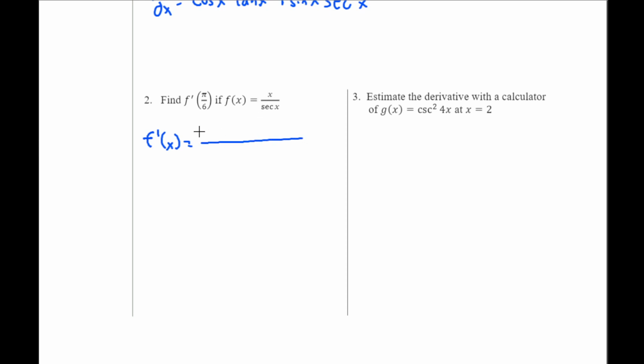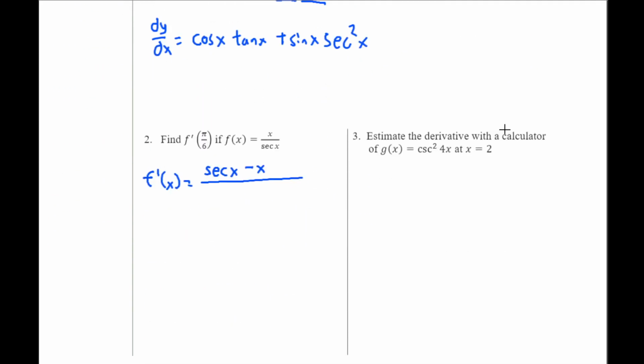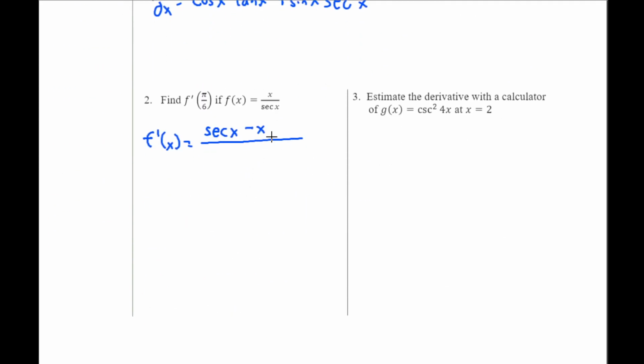So this is low d high, secant x, low d high times, well, derivative of x is just 1, so I don't have to write the times 1, minus high d low. The derivative of secant x is secant x tan x, all over low low, secant squared of x.